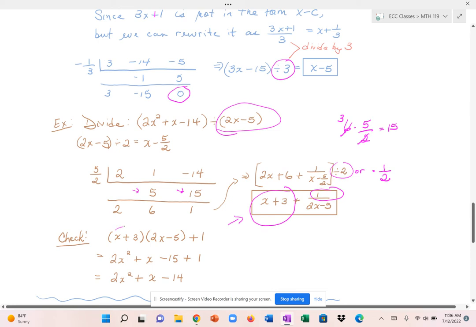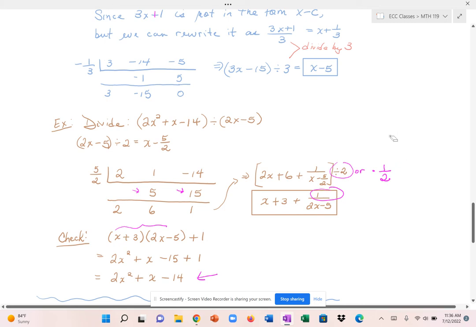So when you multiply this out, you want to FOIL it, you'll get 2x squared plus x minus 15 plus 1, and that gives me an answer of 2x squared plus x minus 14. That's exactly what we started with as our dividend when we divided. So if you didn't make any mistakes, that's exactly what you should get in the end.